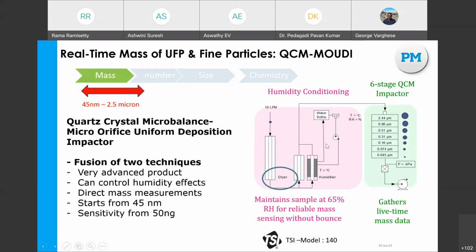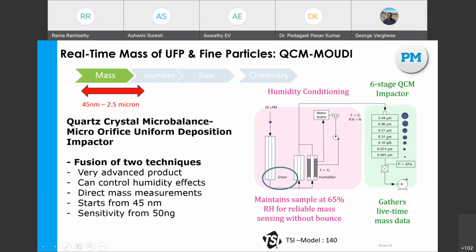So what will happen in this kind of method is that particles are pulled in from outside at a certain flow rate. The humidity and temperature are controlled inside, so that there won't be any artifacts due to relative humidity and temperature, and those particles are fed to the impactor, which is a MOUDI impactor.